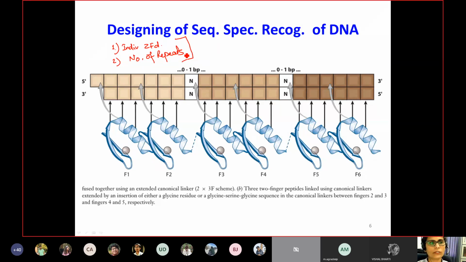So this we have seen in the last lecture, and in today's lecture I did some recapitulation of the last one, and then we will move further. In today's lecture, we will basically focus on chimeric restriction endonucleases, and specifically zinc finger motifs.